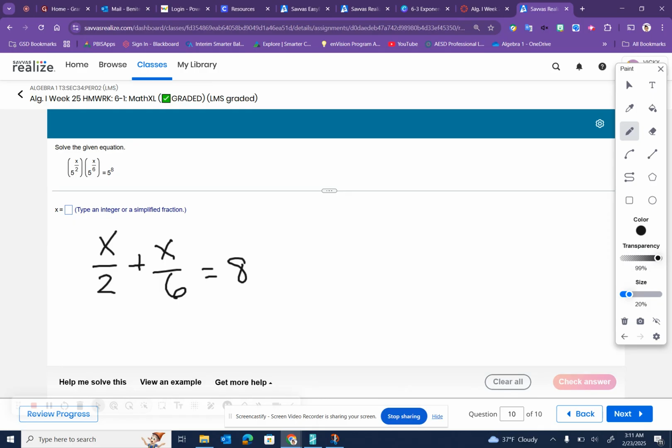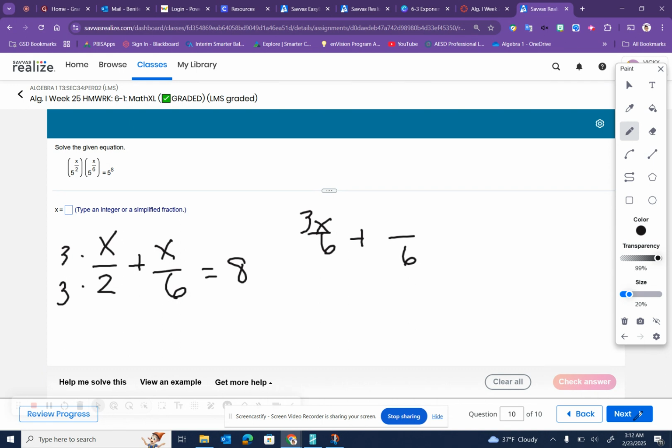Now this becomes simply an equation that we need to solve. From elementary school, if you recall, we can add fractions if they have different denominators. So I'm going to make both of them be sixths. For this one we have to multiply both the numerator and the denominator by 3 to keep it equivalent.